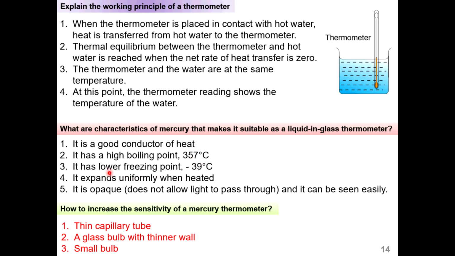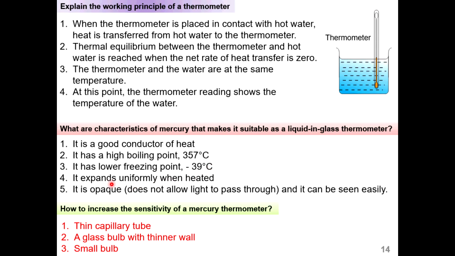And the third one is it has a lower freezing point, negative 39 degrees Celsius. So mercury can be used to measure higher temperature objects, more than 100 degrees Celsius, and it can measure lower temperature objects, lower than 0 degrees Celsius.